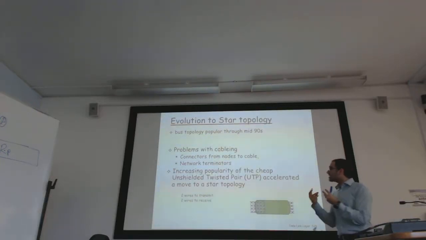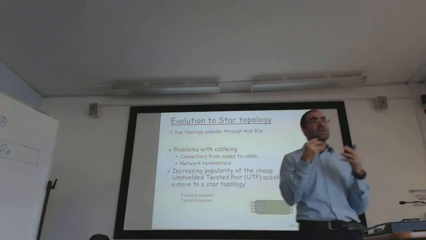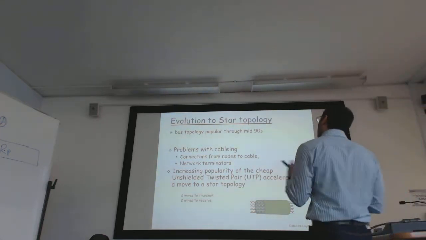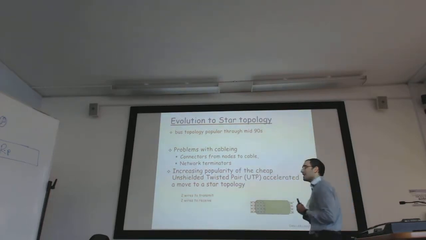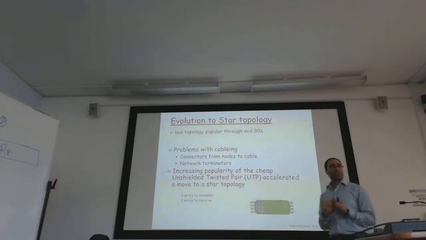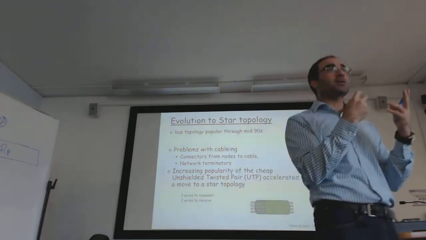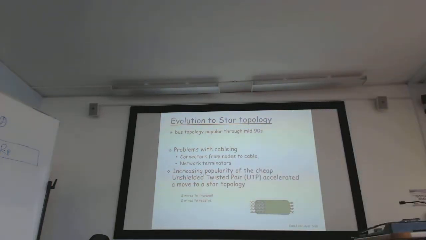Yeah, we have a shield actual connection of a cable. You don't need to be worried about those information. Again, now this is for you, just the sake of understanding what's happening in the evolution of actual topologies and networking. The problem of cabling was connectors from nodes to cable was very not convenient to use or hard for administration to do it. Therefore, they moved it to the twisted pair of cables and then to the RJs to be used.